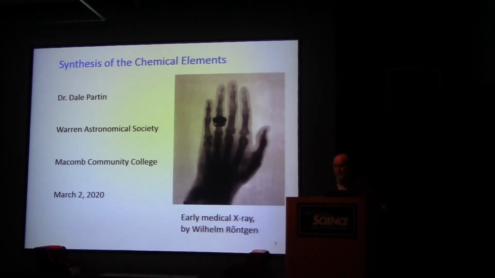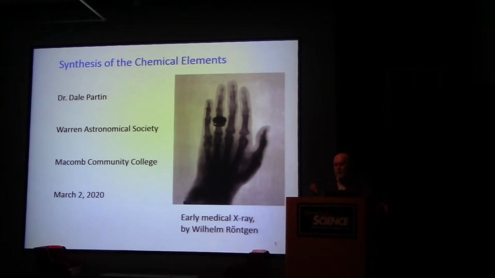So I'd like to ask you to begin by looking at your hand. Think about the chemical elements in your hand. You've got water in your blood and in your cells. The chemical elements that water's made up of are hydrogen and oxygen.